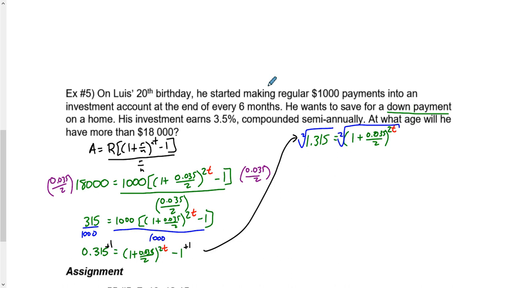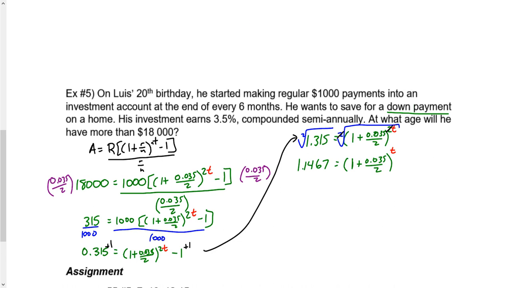So the square root of my 1.315 works out to be approximately 1.1467. But taking that square root only will cancel off that 2. We would still have the 1.035 over 2 still to the power of t.